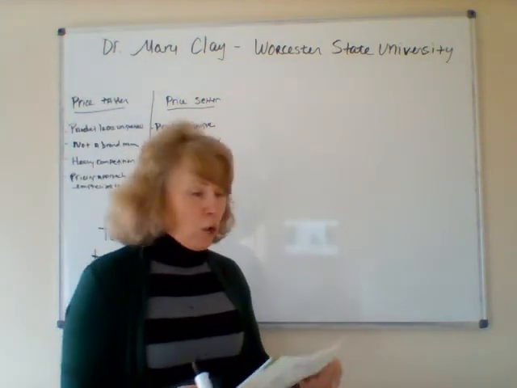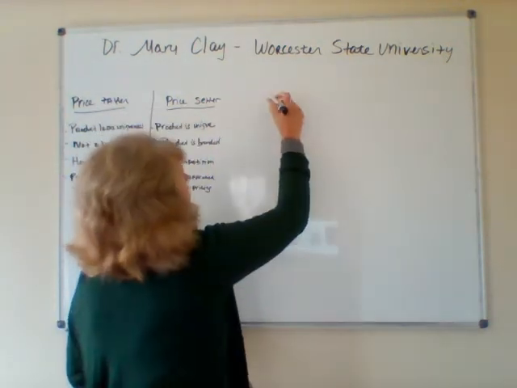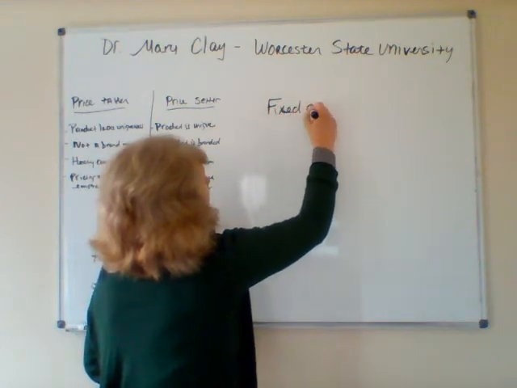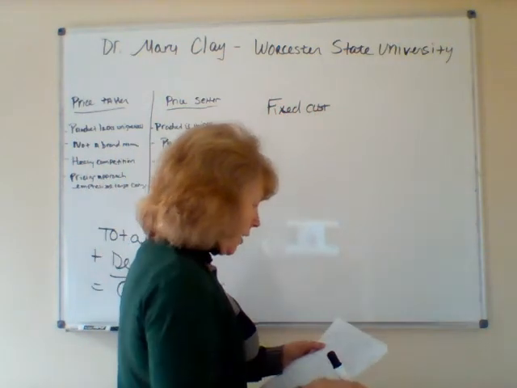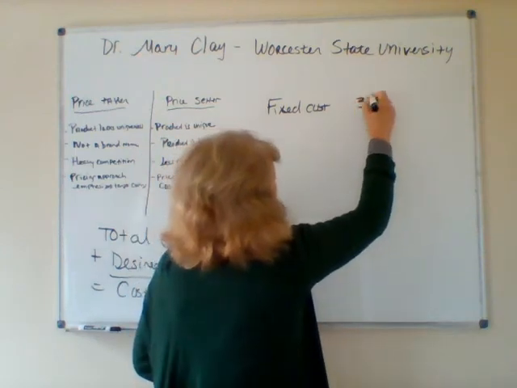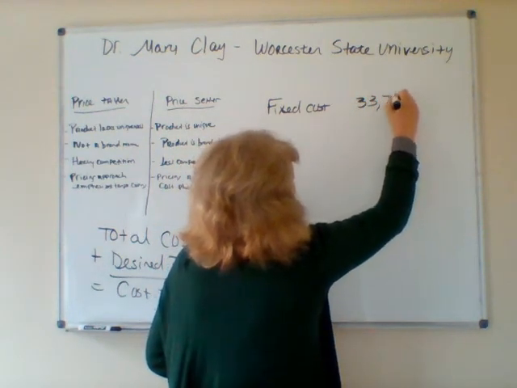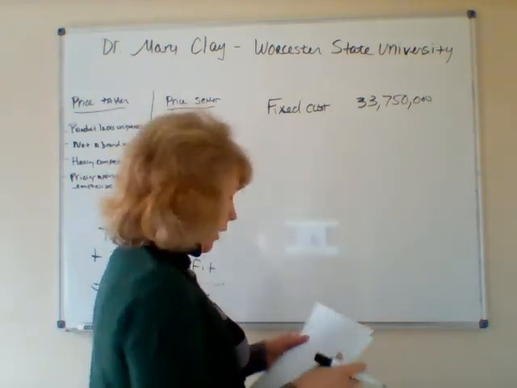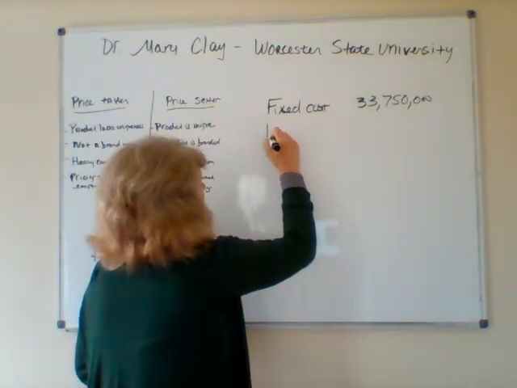The first thing we're going to start with is fixed costs. And fixed costs are $33,750,000. The next thing we're going to figure out is variable costs.